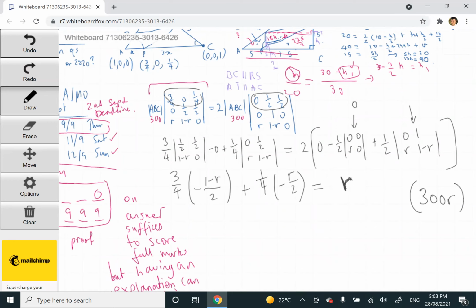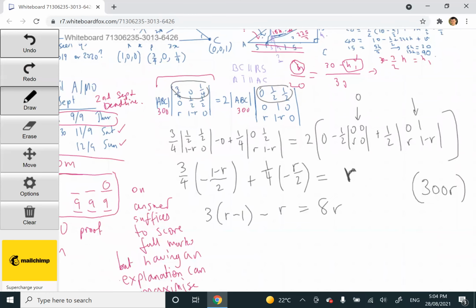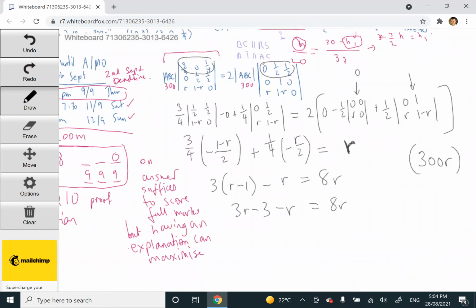So times both sides by 8. 3R minus 1 minus R equals 8R. 3R minus 3 minus R equals 8R. Oh, did something go wrong here?